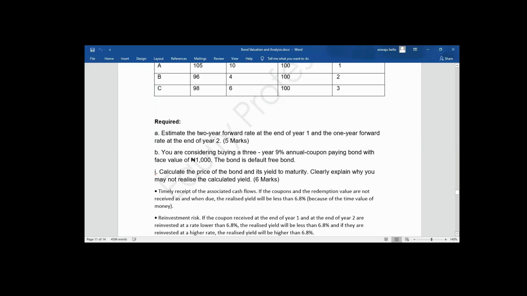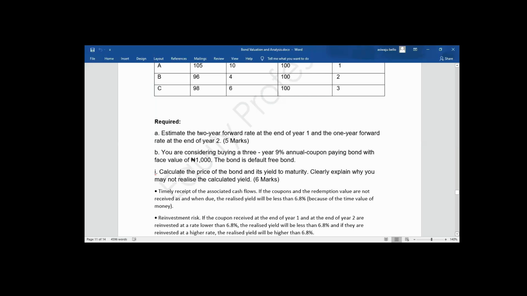Now B1 says, calculate the price of the bond and its yield to maturity. Clearly explain why you may not realize the calculated yield. The question says calculate the price of the bond.